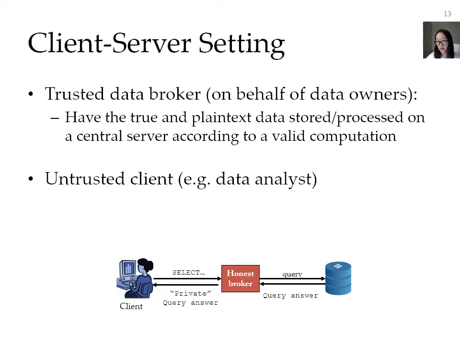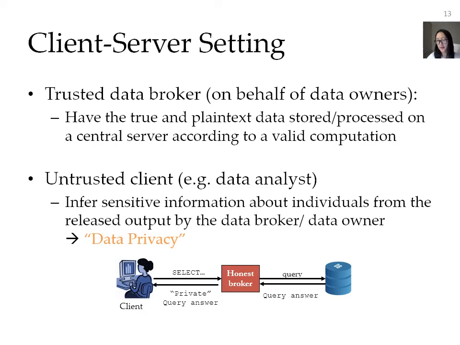In this case, the client is the attacker, who would like to infer sensitive information about individuals from the released output. We denote these data privacy requirements. In this setting, if the server returns nothing to the data analyst, no information will be lost to the client. However, the data held by the data broker will become completely useless.